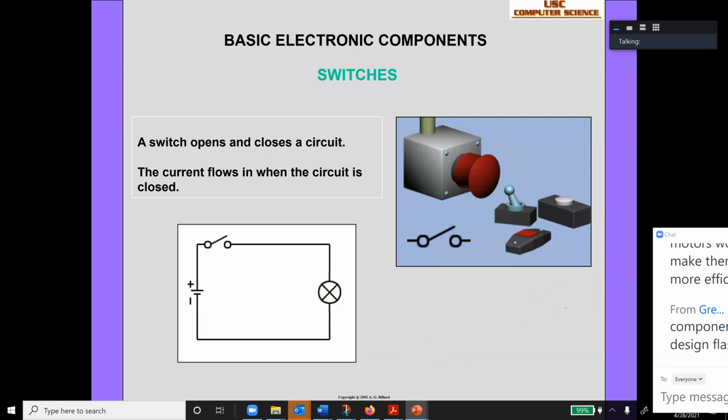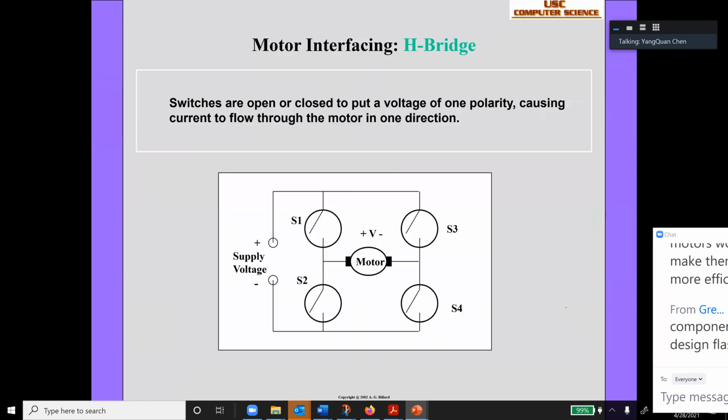It's also called an H bridge. You have seen the switch. Now suppose you have a motor, a supply voltage, and switches for that power. If you do this, it is called an H bridge.